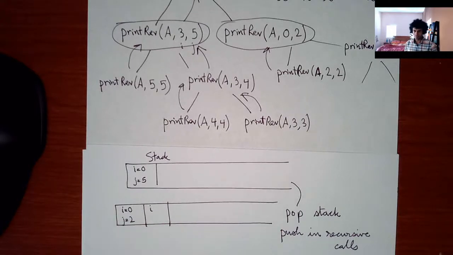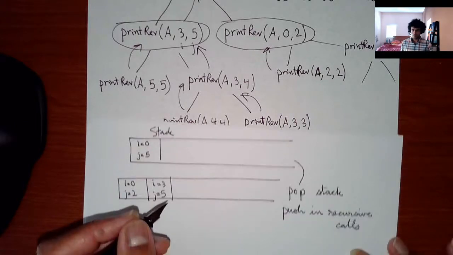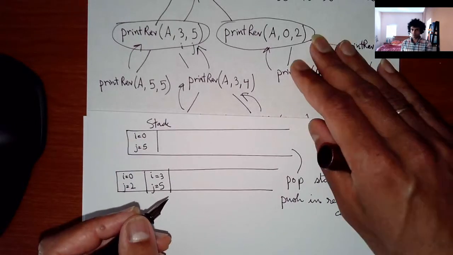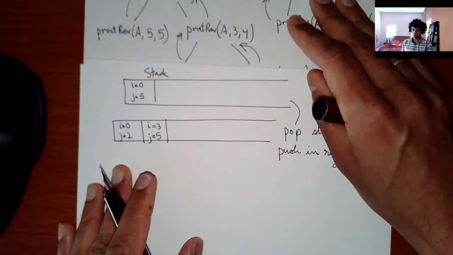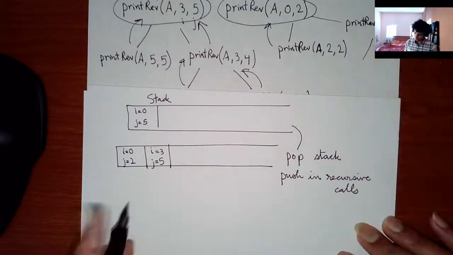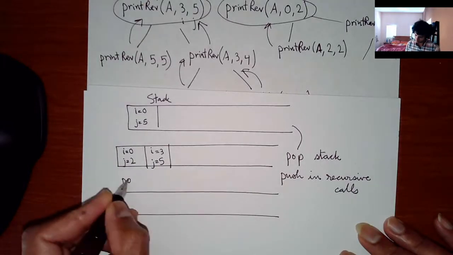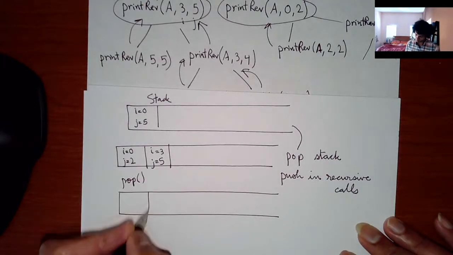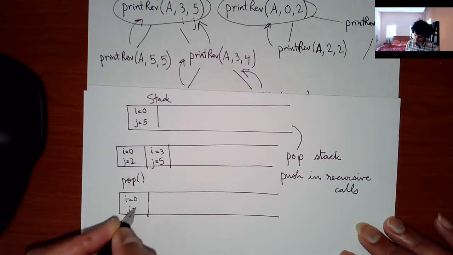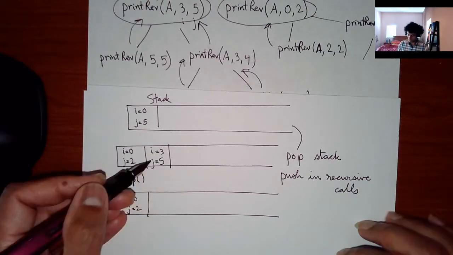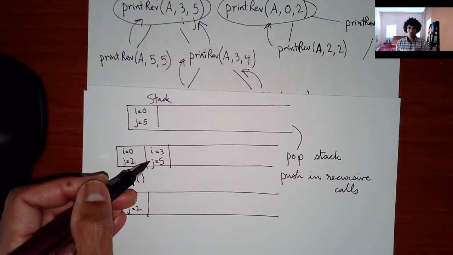And this is going to be i is equal to 3, j is equal to 5. Okay? Okay, now I'm going to go one step further and say now I'm going to look at the top. So I'm going to pop i is equal to 0, j is equal to 2. So I just pop this, and I'm going to push in the recursive calls that this made.